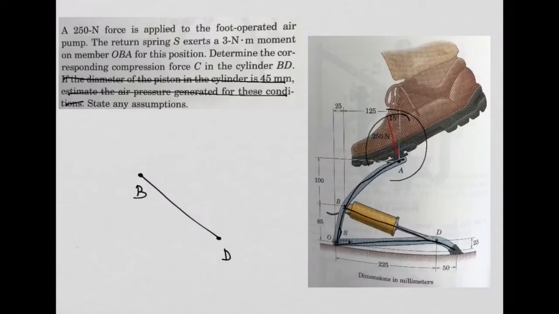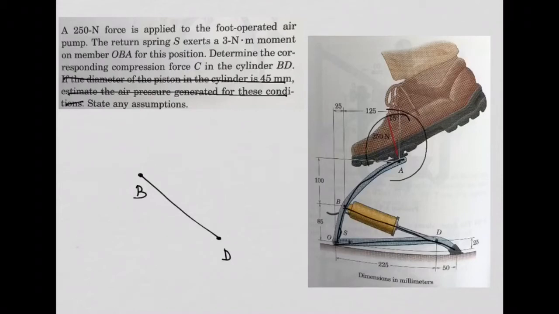Same thing here. If my free body diagram is the cylinder, if I am separating the cylinder from the entire pump, I need to replace the connections at B and D with the reactions at B and D, okay?